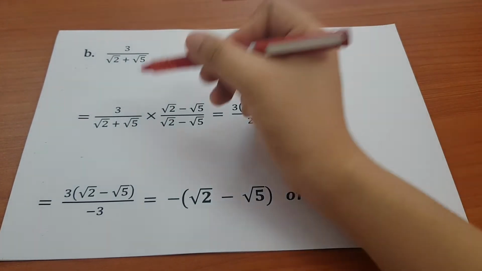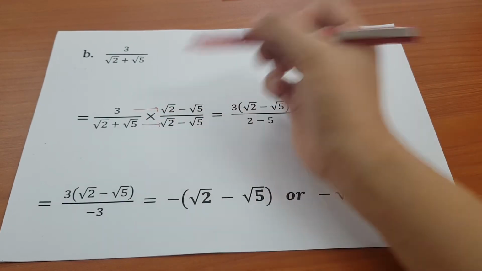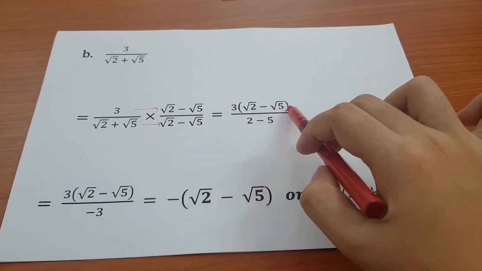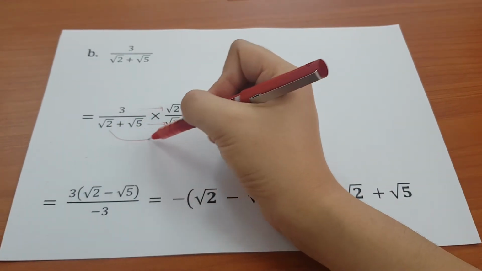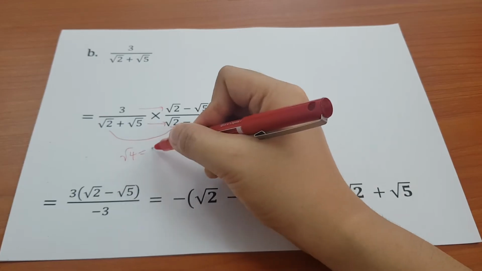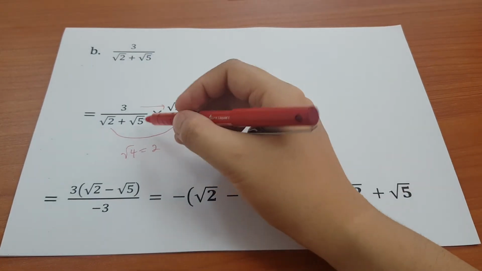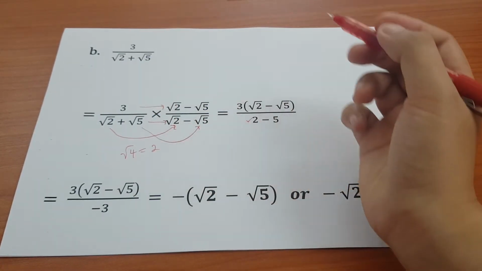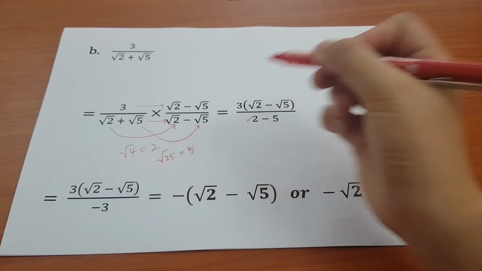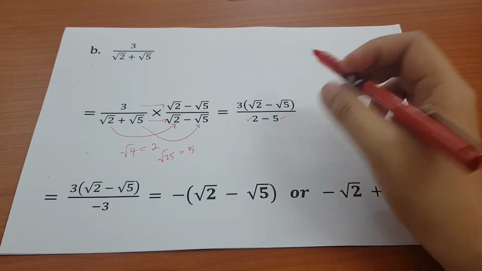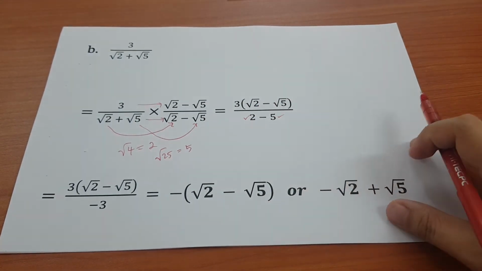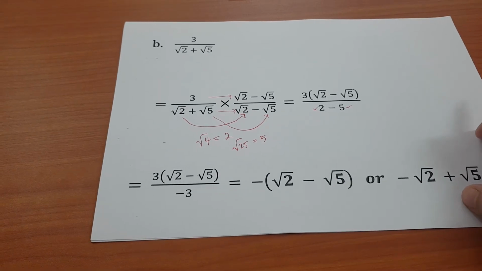And then the same thing, we multiply all numerator and all denominator. So 3 times all the numerator, and then in the denominator, root 2 times root 2 is root 4, but root 4 is 2. Root 5 times root 5 is root of 25, which is 5. So 2 minus 5, plus and minus, it's minus. So 2 minus 5 is minus 3.